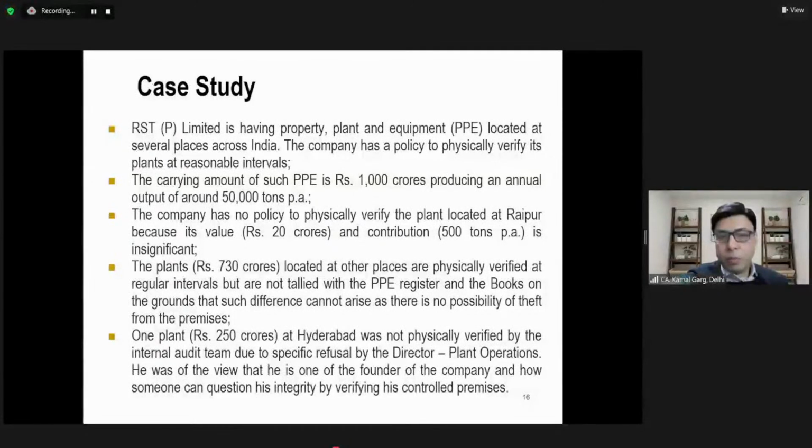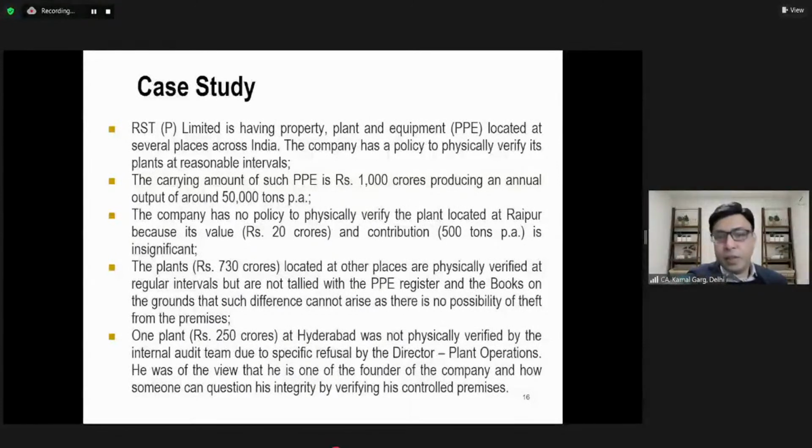The plants, rupees 730 crores, located at other places are physically verified at regular intervals, but are not tallied with the property, plant and equipment register and the books on the grounds that such difference cannot arise as there is no possibility of theft from the premises. So this is what management is saying.